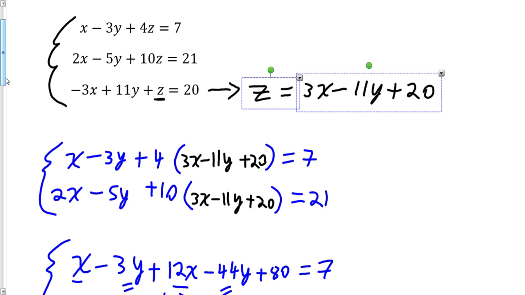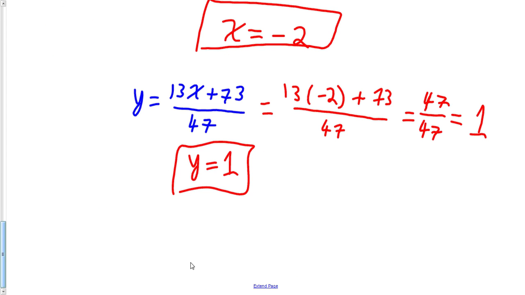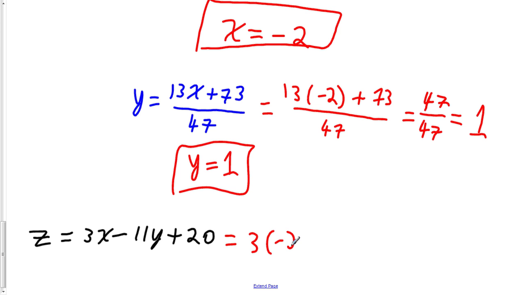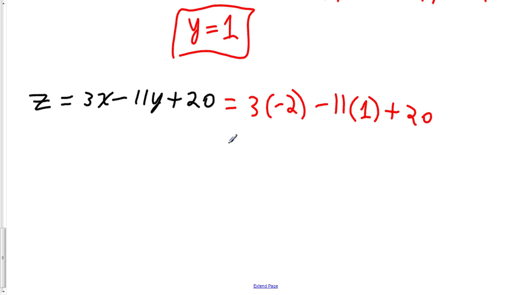So we can take this expression to give us our value for z, and we see that z is equal to 3 times x, which we found to be negative 2, minus 11 times y, which we found to be the number 1, plus 20. So let's see what we get. We get negative 6 minus 11, negative 17 plus 20 is equal to 3.